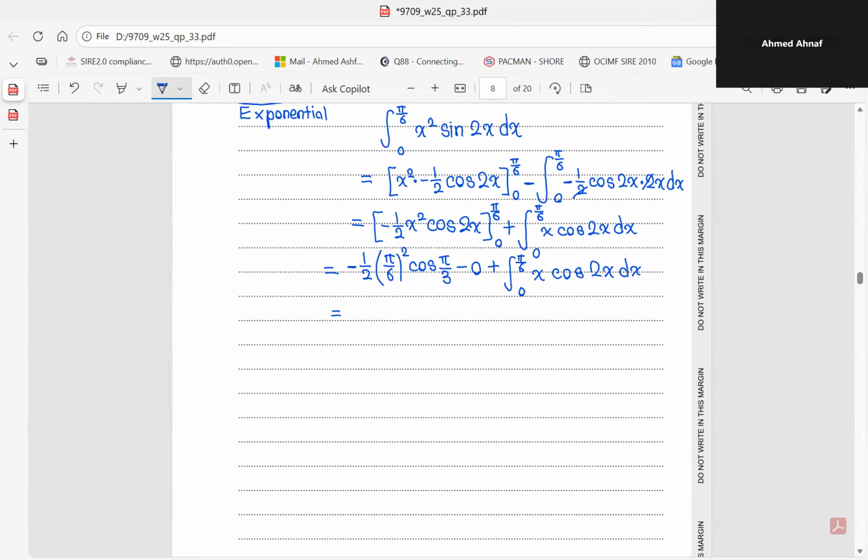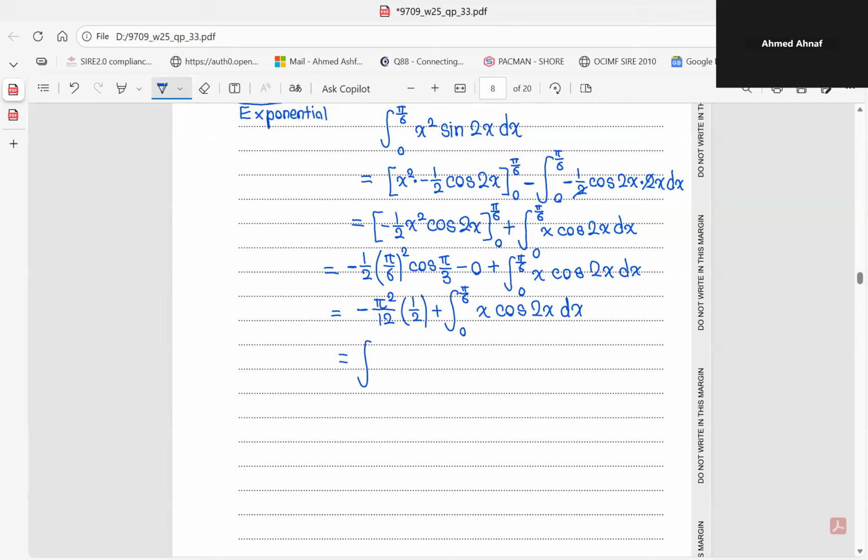Simplifying, you would get minus pi squared over 12, and then cosine pi over 3, that is half, plus the integral from 0 to pi over 6 of x cos 2x dx.